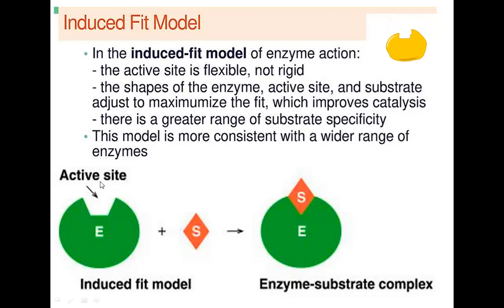But the active site will change according to the need of the substrate. So the active site morphology will change, and then the substrate will come and bind to form an enzyme substrate complex. So the shape adjustment will be there. The shape of the enzyme active site and substrate adjust to maximize the fit, which improves the catalysis power.